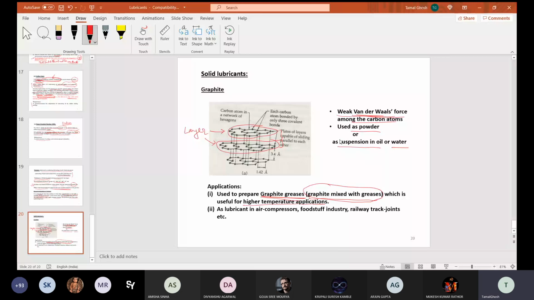This is solid graphite. Graphite is always solid, obviously. Graphite is mixed with the semi-solid lubricant grease to produce graphite grease, and it can be used for several high temperature applications.